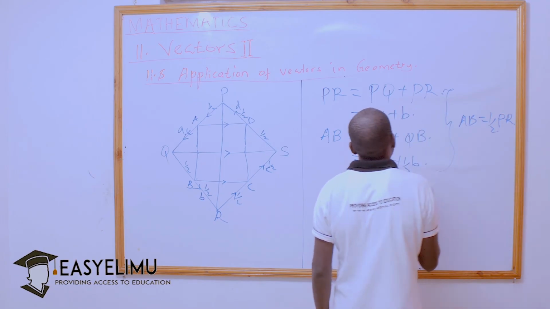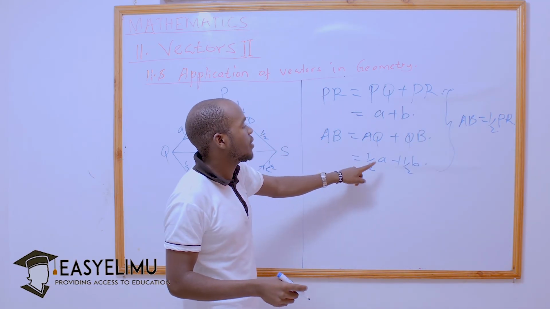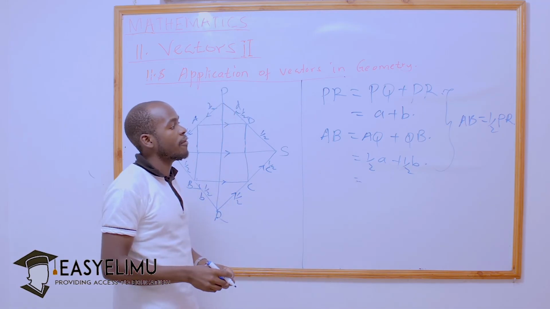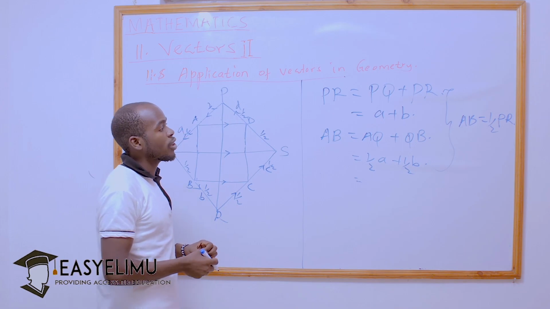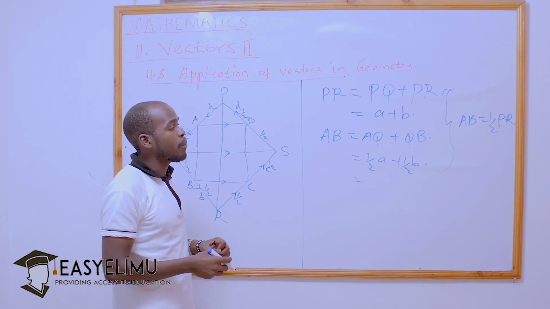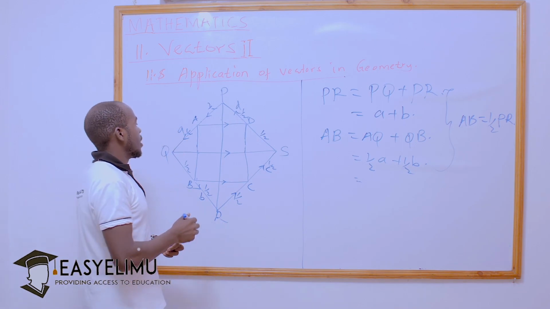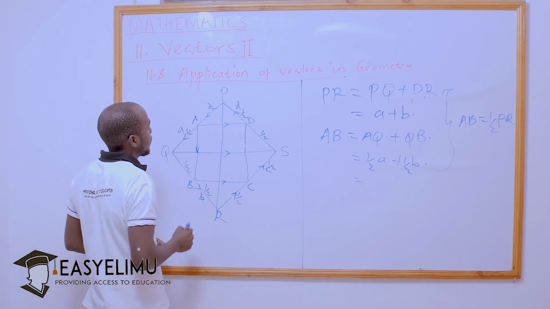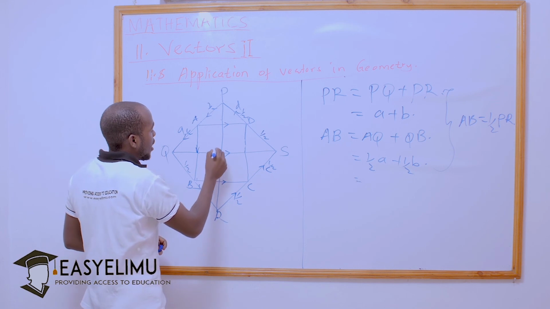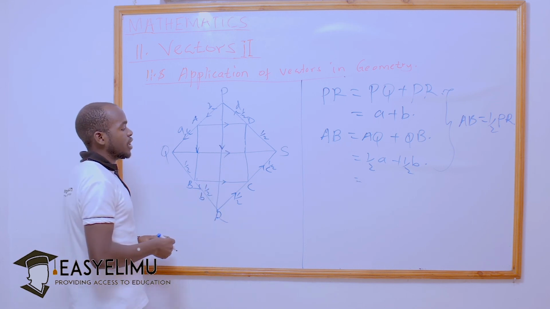That is what we found. If you divide A by this, you are going to get a half. So we can find that AB is a half of PR, satisfying the condition that AB equals K PR. So meaning that this line here, line AB and line PR, they are parallel to each other.